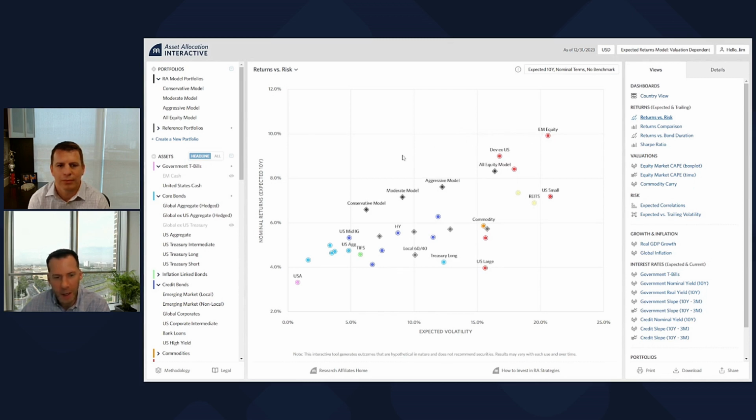Moving out of the equity space, if I come down here to the blue circles, we can see bond categories. They're all kind of in this clump here. So just to pick on U.S. Treasuries, 4.6%. With a lot less vol than we're seeing from U.S. equities. So, there's a pretty attractive set here of everything on the chart here being above 4%, which is something that a few years ago we didn't necessarily see.